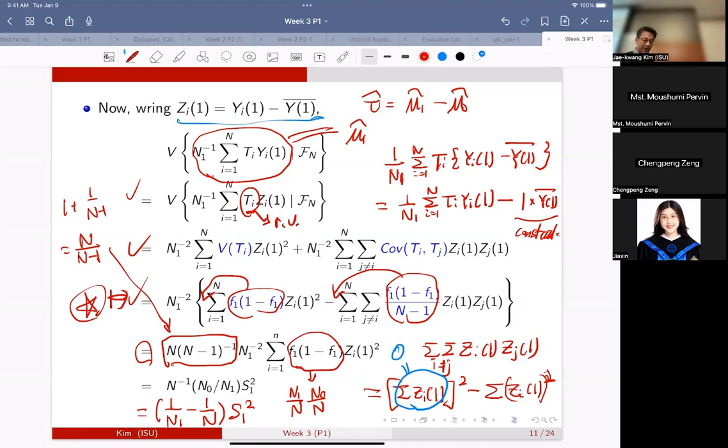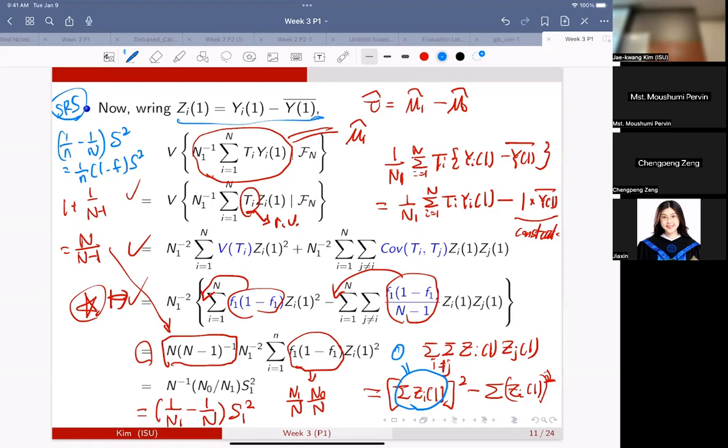In simple random sampling, the variance formula is this. That is simple random sampling. So in simple random sampling, the sampling variance of the sample mean is this form, which is actually the same as this.